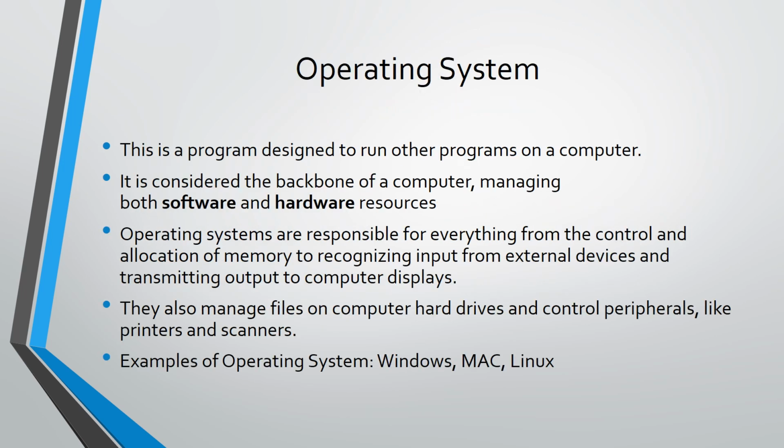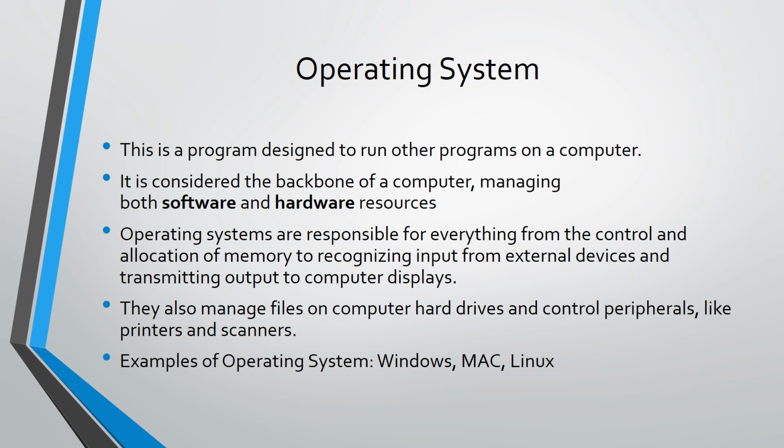Operating system. An operating system is software designed to run other programs on a computer. It means all types of programs need this operating system to run effectively. It is considered the backbone of the computer, managing both software and hardware resources. Operating systems are responsible for everything from the control and allocation of memory to recognizing input from external devices and transmitting output to computer displays.